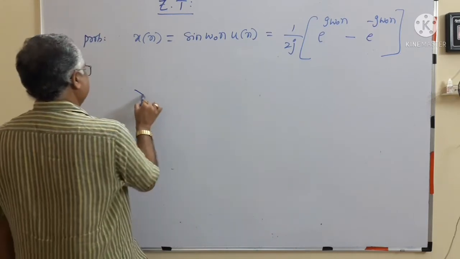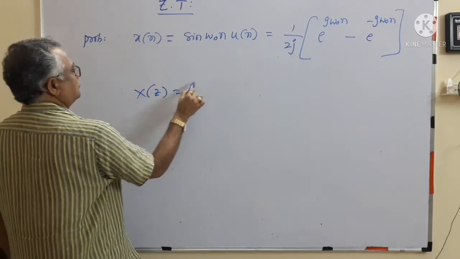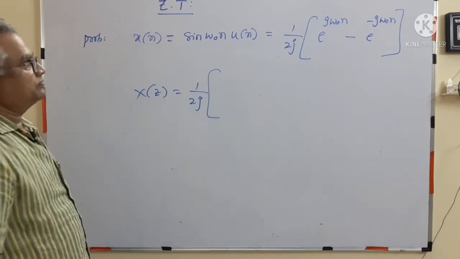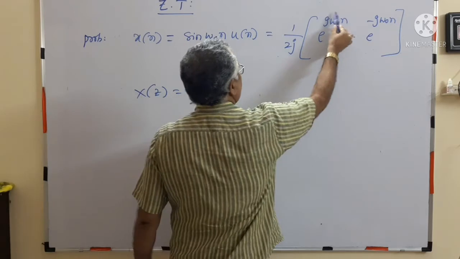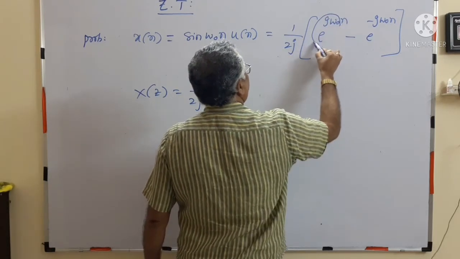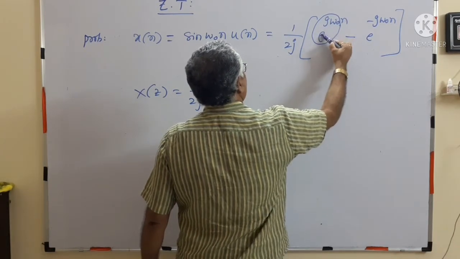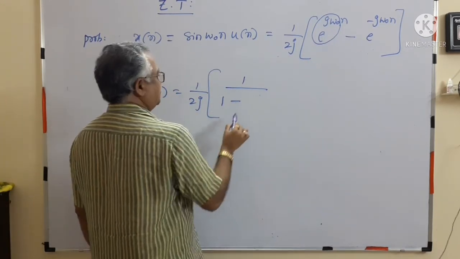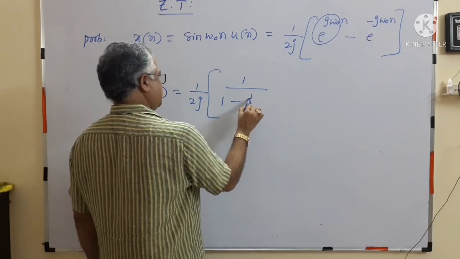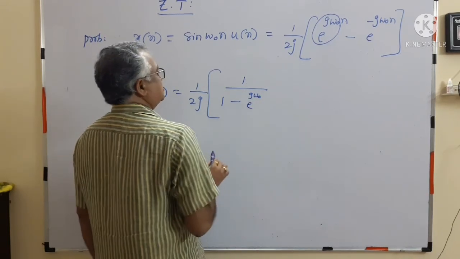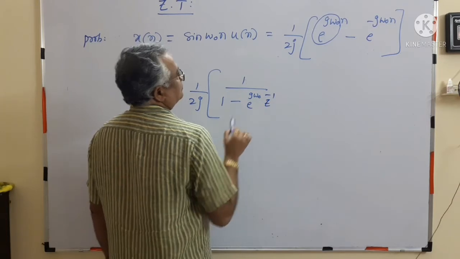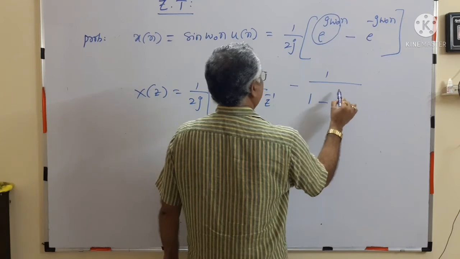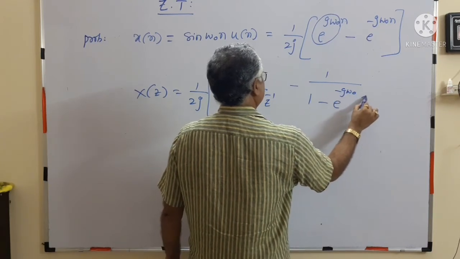So what is x of z? 1 by 2j is common. So indirectly z transform of this. So this is like a power n. If it is a power n, how do you write? 1 by 1 minus a z inverse, where a is e power j omega naught, minus 1 by 1 minus e power minus j omega naught z inverse.